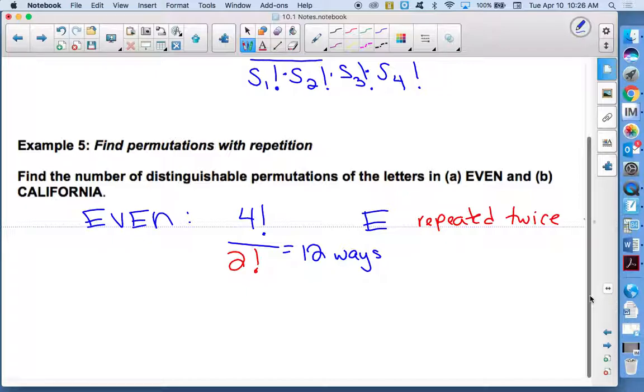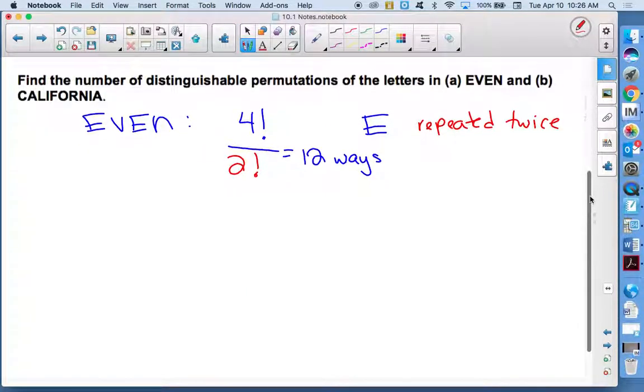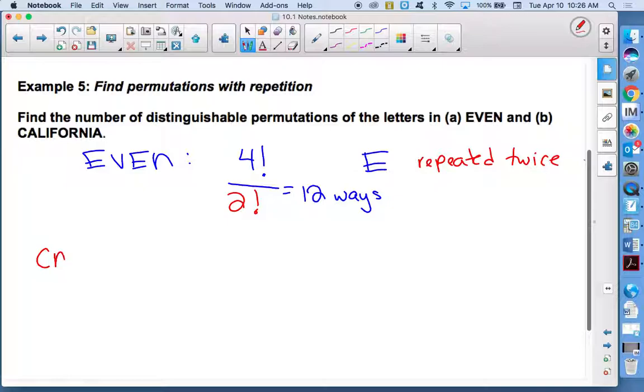So then if you look at the word California and do exactly the same thing, California is a bigger word. And 2 A's. There's no 2 C's. How many letters are in the word California? 10. What letters are repeated?